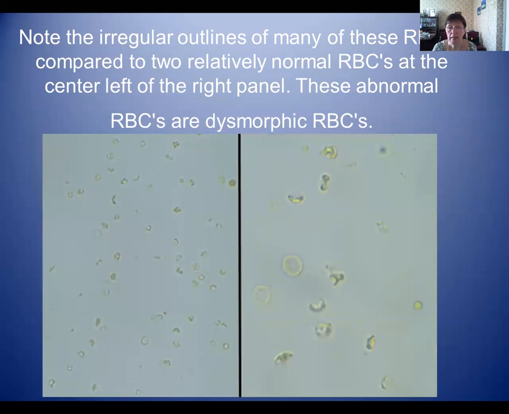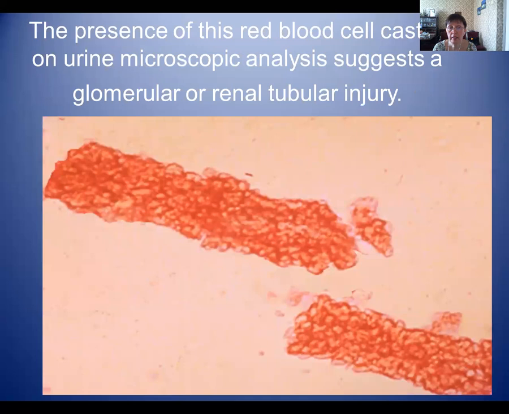If the red blood cells are not changed, in this case, we may speak only about affection of the lower part of the urinary system. And here we can see specific casts which consist of the remains of the red blood cells. Such a red blood cell cast is the evidence of glomerular injury.